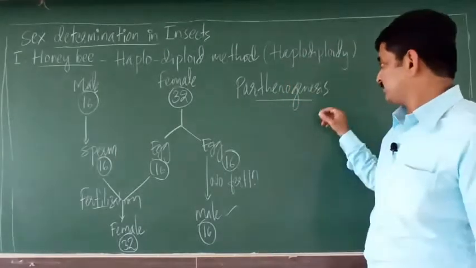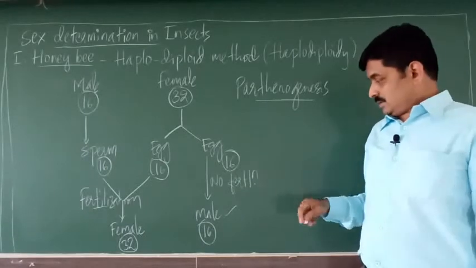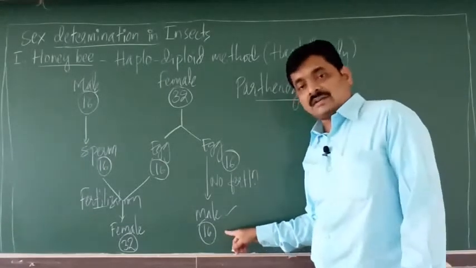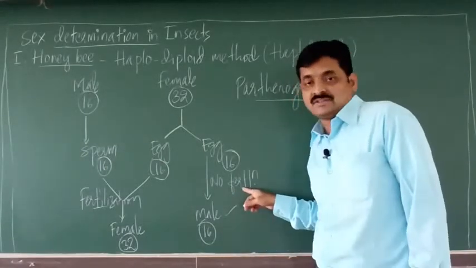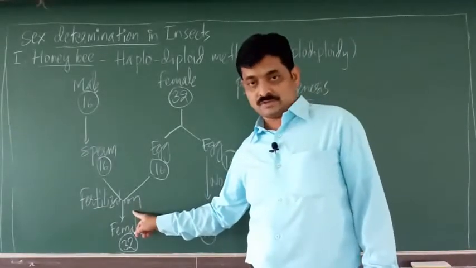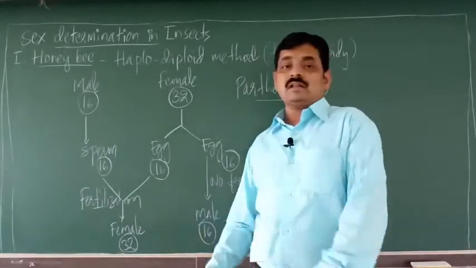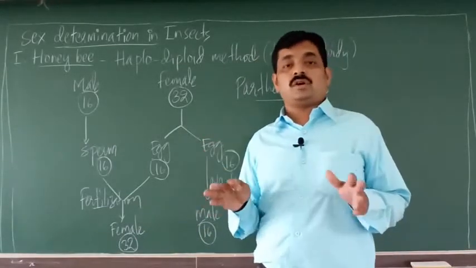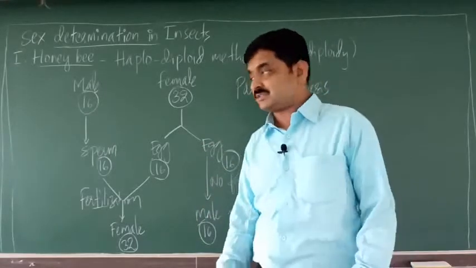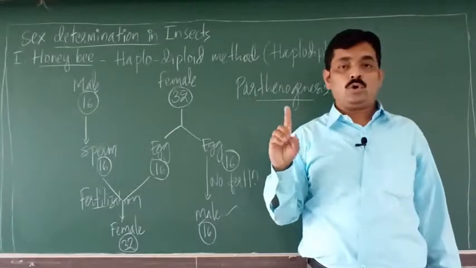It is called parthenogenesis, which is observed in honeybees. So males are formed without fertilization, whereas the females are formed by fertilization. That is the reason why males are haploid and females are diploid. So this method of sex determination in honeybees is called haplodiploid method or haplodiploidy.